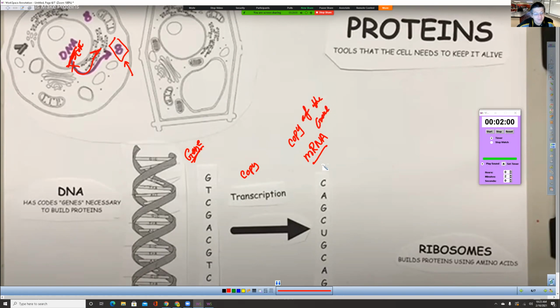Now that we have this copy, it can go out of the nucleus and to the ribosome, and the ribosome will go ahead and read it. It's very important that you understand that process. So go ahead and take a minute to jot down any little notes that you need.